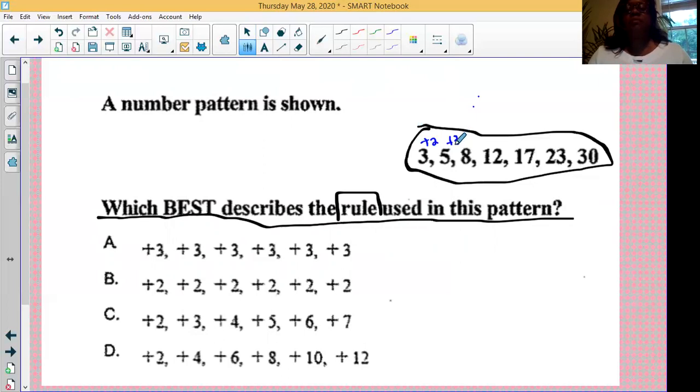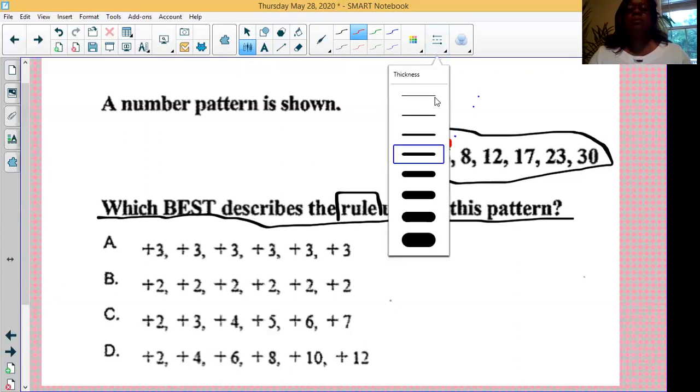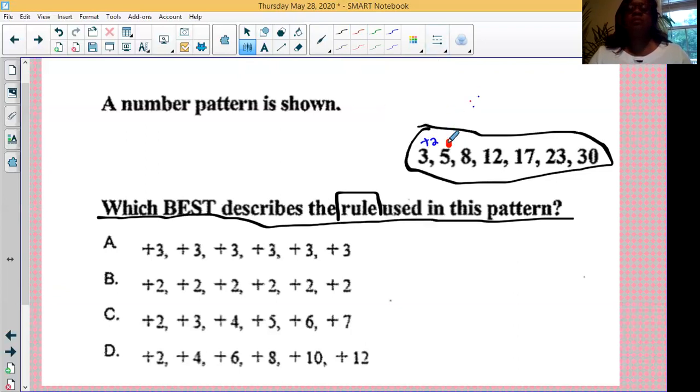Okay. All right, let's go from 8 to 12. Let's make this one a different color. Help you to see it. So from 5 to 8 would be a +3.